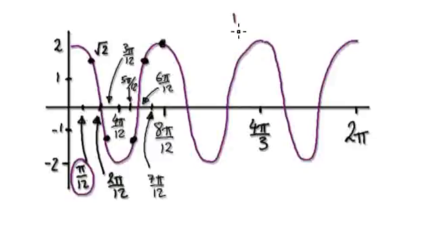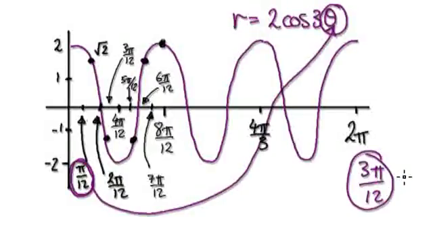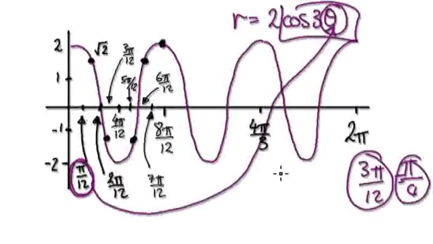Remember, originally our radius was 2 cos 3 theta. Now if you put pi over 12 into here, that would be pi over 12 times 3, which is 3 pi over 12. This simplifies to pi over 4. Cos of pi over 4 is really 45 degrees.